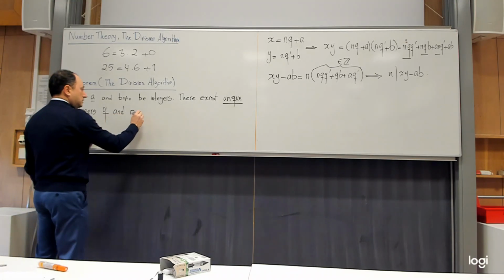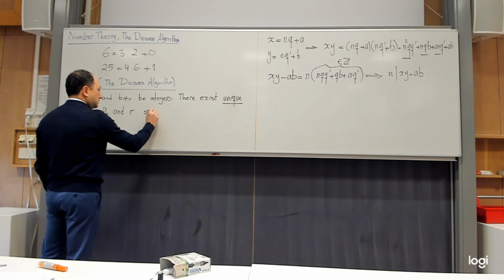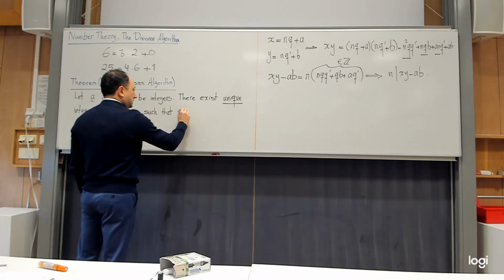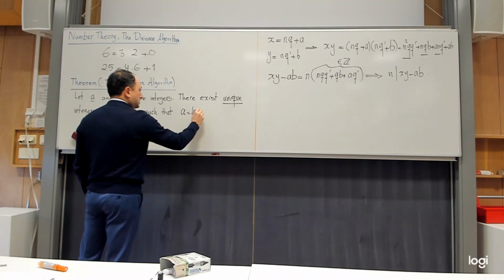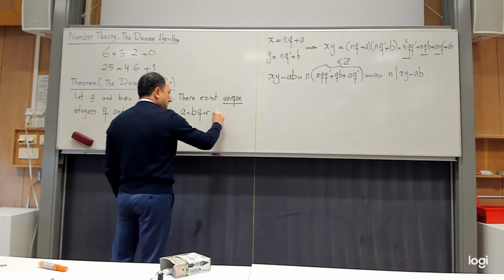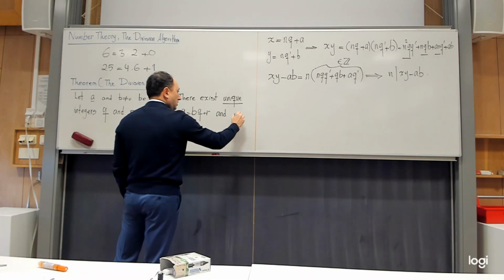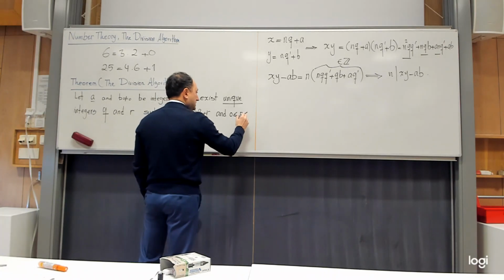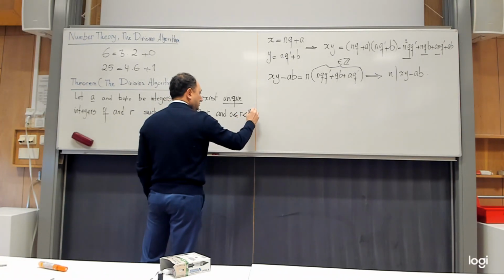Q and R such that A is equal to B times Q plus R. The important part is and R is greater than or equal to 0, less than absolute value of B.